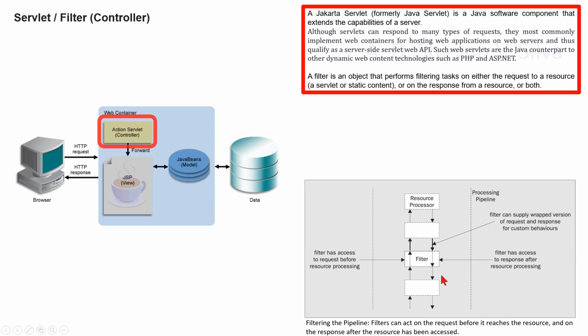A filter can do its work just before a resource is fetched or executed in the case of dynamic output, and immediately after the resource is fetched and executed. It's even possible to inject custom behavior while the request is being processed by the resource.